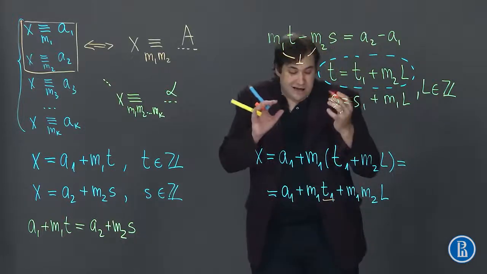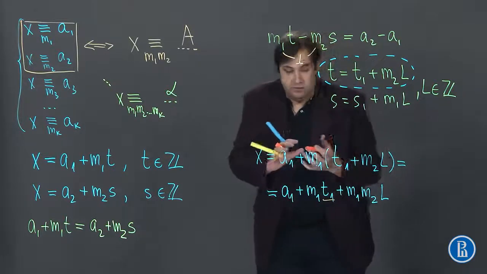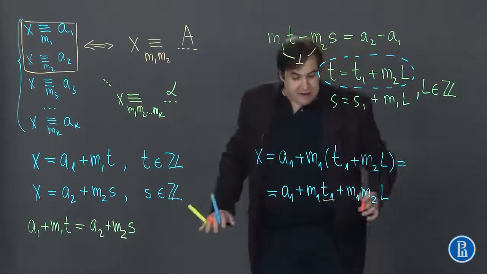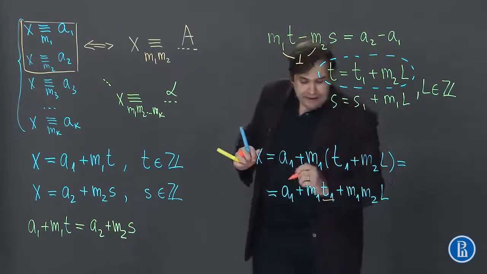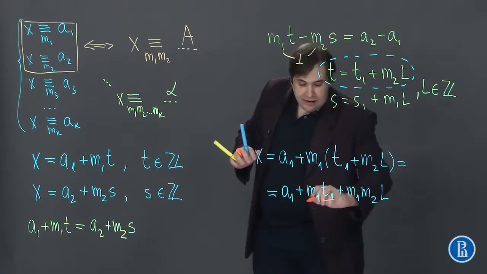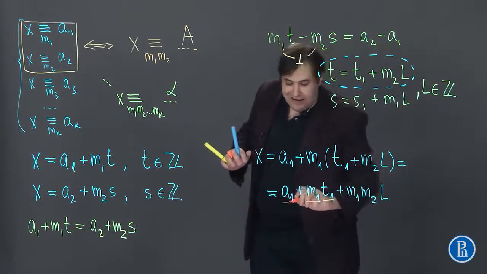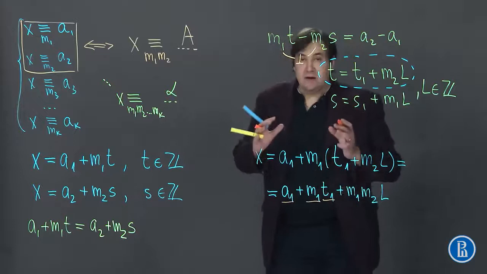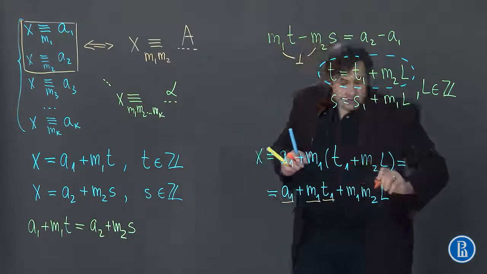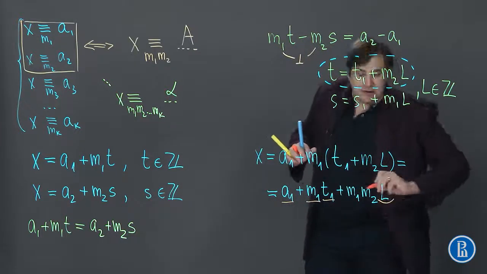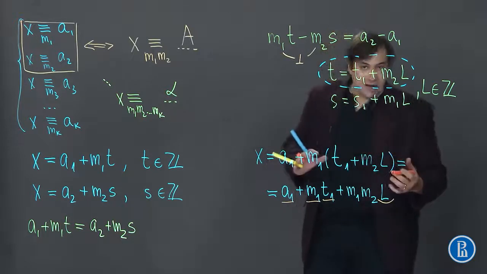It's just a number. It is a constant number. It is a particular number. Also, m1 and a1 are fixed integers, whereas l is an arbitrary integer.